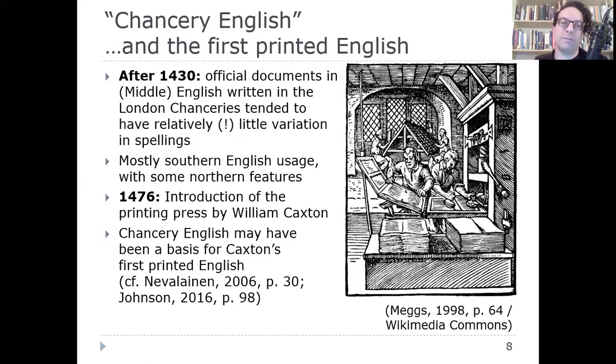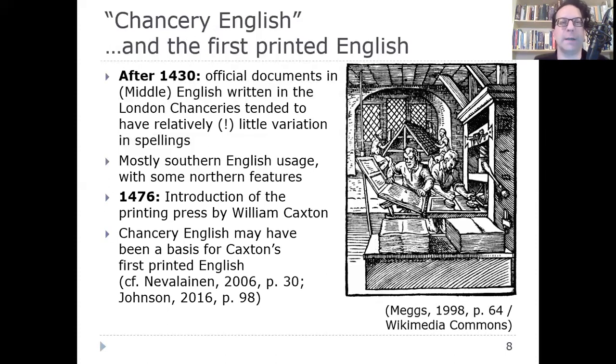Chancery English then may have functioned as sort of a basis for Caxton's first printed English. At least this is what some sources say. Not everybody thinks this is necessarily true, but whether it's true or not doesn't really matter too much here. Just maybe keep in mind Chancery English was about a generation before Caxton.